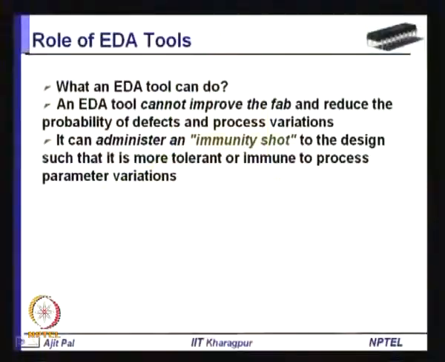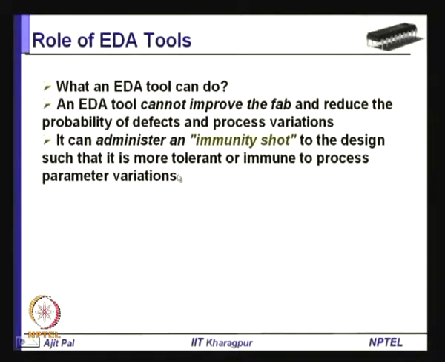As I told, the fabrication house will keep on fabricating chips, and they will have their inherent process parameter variations that cannot be changed, and CAD tools cannot really do that. The only thing the electronic design automation tools can do is administer a kind of immunity to the design. That means, they can design in such a way that it is more tolerant or immune to process parameter variations.